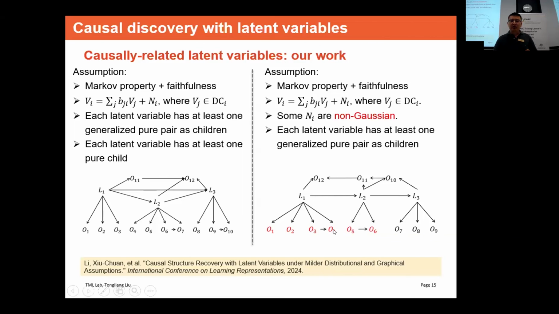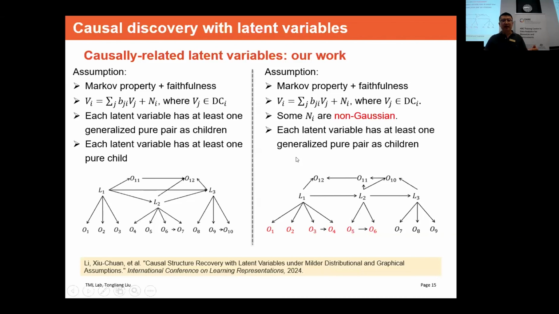For O3 and O4, we call this a generalized pure pair. If the noise is non-Gaussian and each latent variable has at least one generalized pure pair as children, we can also identify the latent variables and further discover the other relationships.